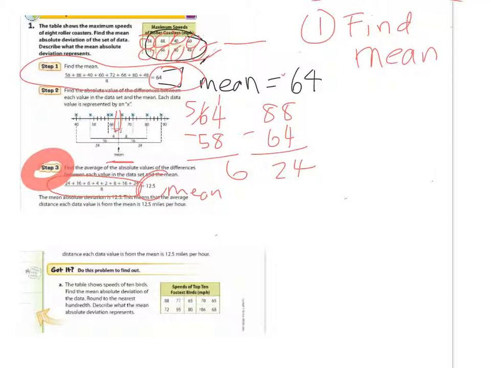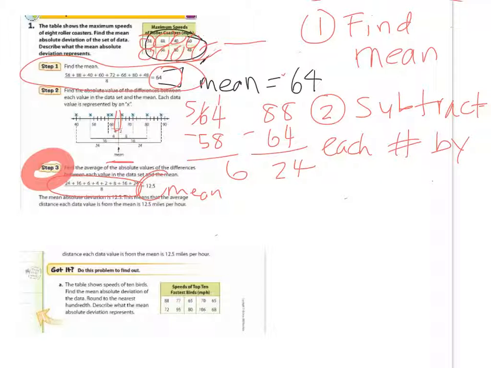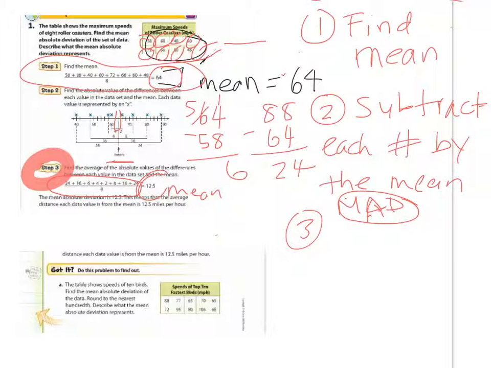We take the numbers, we divide by how many there are. You find the average. Then 2, you're going to subtract each number from the mean. Go ahead, write this down while I'm writing this down. And 3. That is, by the way, called the MAD when you do that.